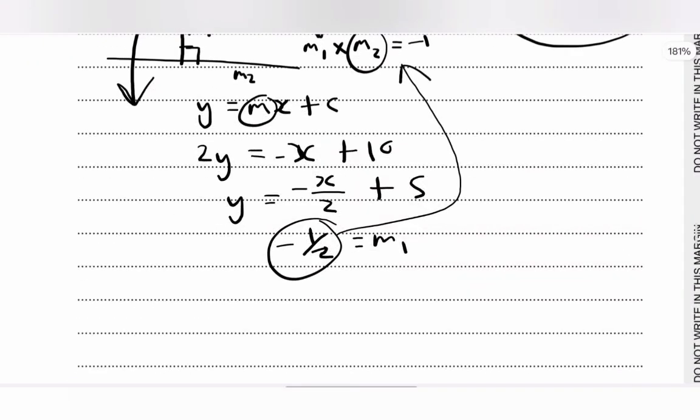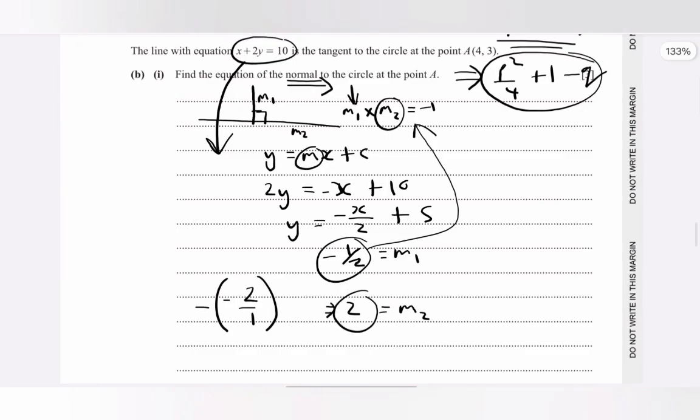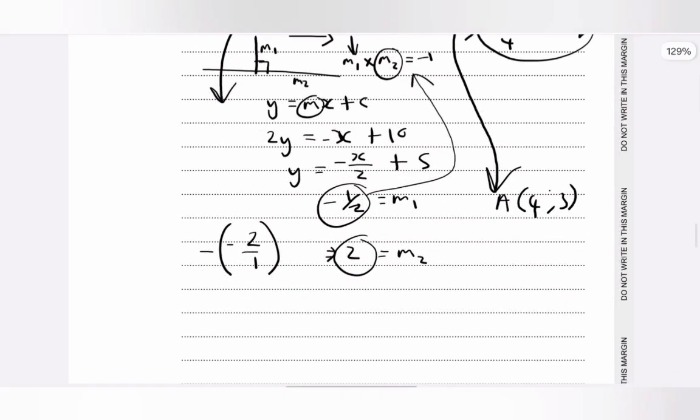So the reciprocal of that will be minus 2 over 1, and I said negative reciprocal, so we get it to be 2. So 2 will be equal to our m2, which is the gradient of the normal. With this gradient of the normal and a point on the normal, which is our A (4, 3), we can get the equation of the normal using y minus y1 equals m(x minus x1).